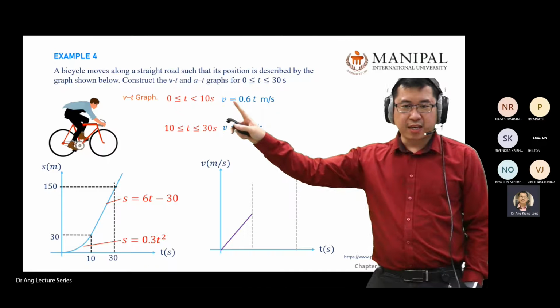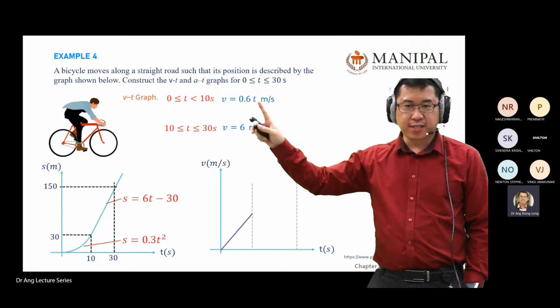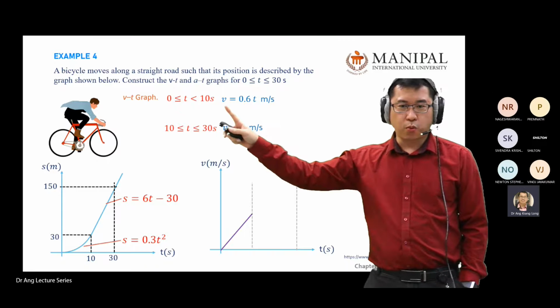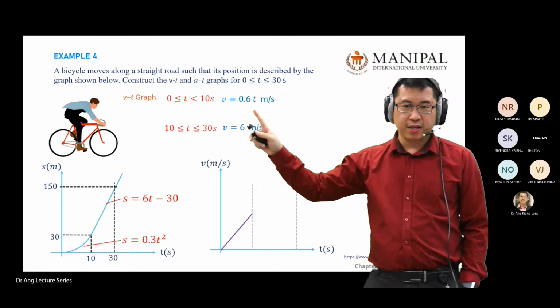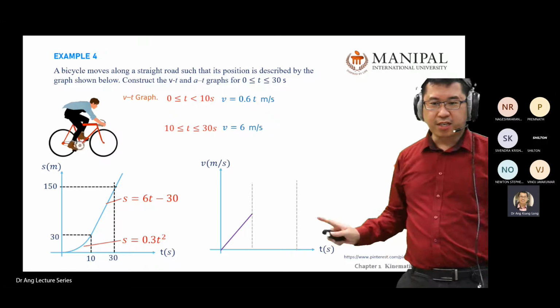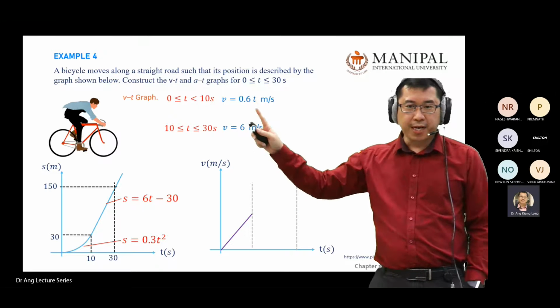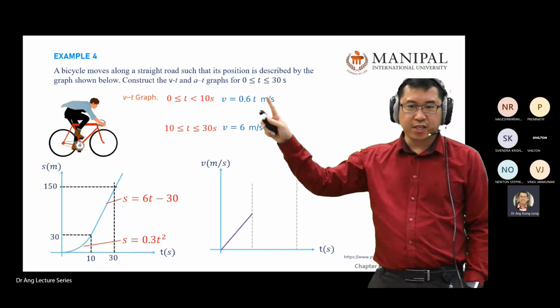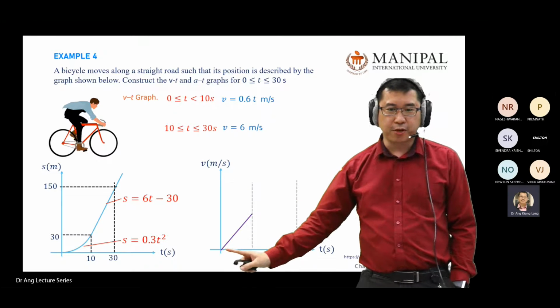Y equal to mx plus c. Your y-axis is v. M is your gradient. X is your t. Plus c. There's no c there. C equal to 0 means you start from origin.